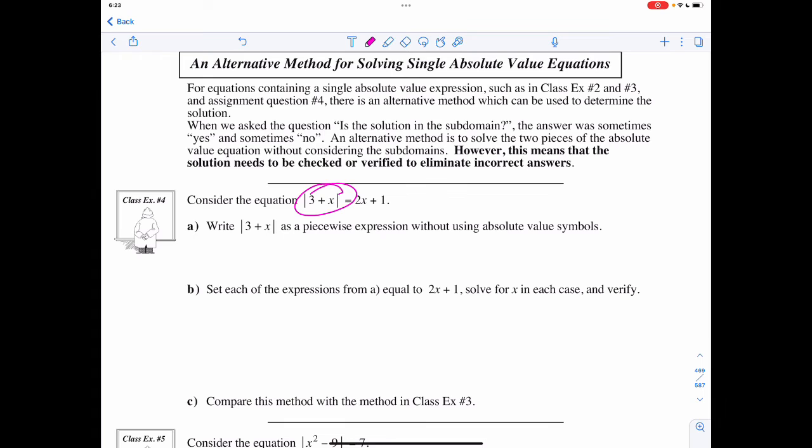And I can say that the absolute value of 3 plus x would equal the positive version, 3 plus x, if x is greater than or equal to negative 3, or negative 3 plus x if x is less than negative 3.